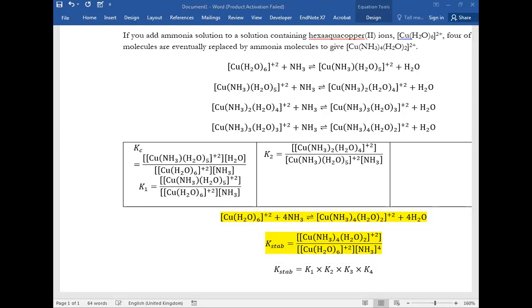Is this clear? Yes, sir. So the larger the value of the stability constant, the more stable the complex being formed after the ligand exchange. Is this clear or not?